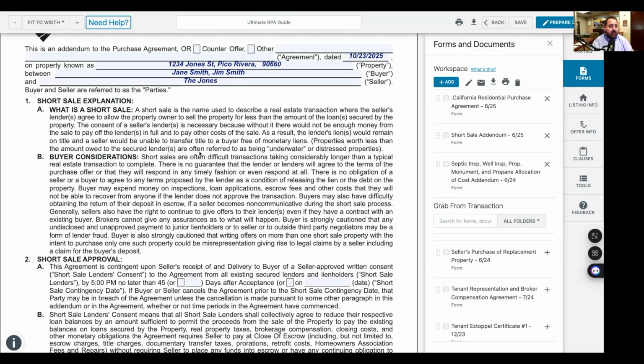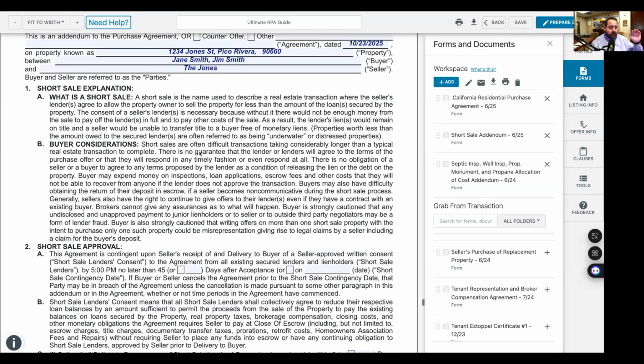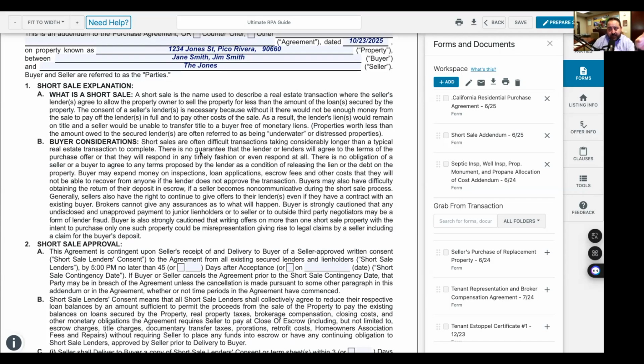Buyers are also strongly cautioned that writing offers on more than one short sale property with the intent to purchase only one such property could be misrepresentation, giving rise to legal claims by a seller, including a claim for the buyer's deposit. So, an explanation of what a short sale is, and then a little bit of a warning to a buyer.